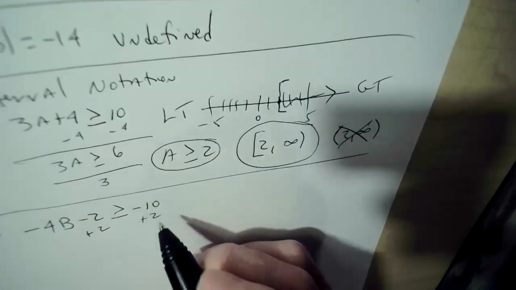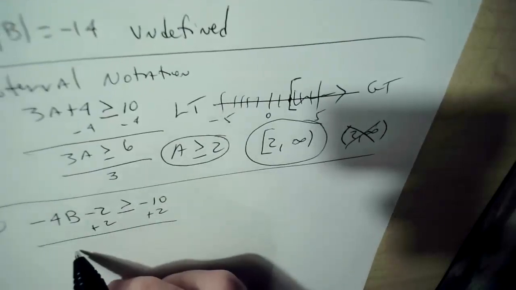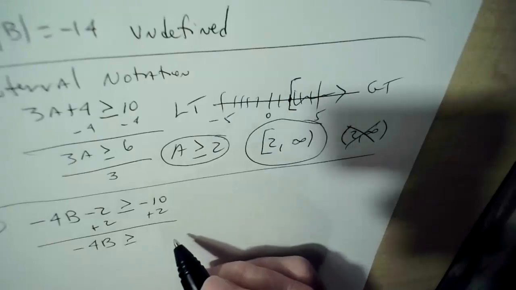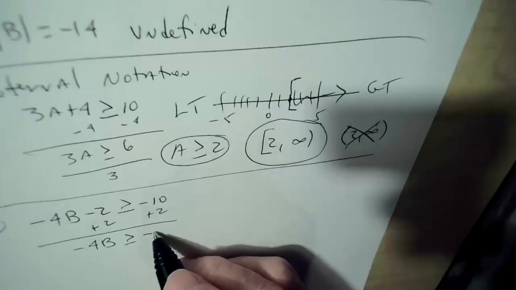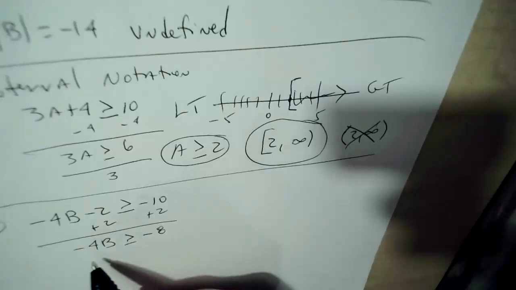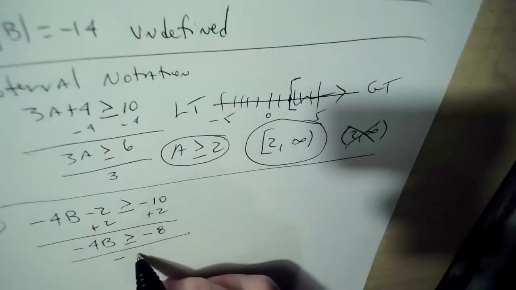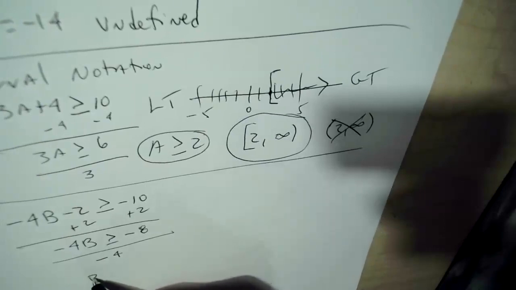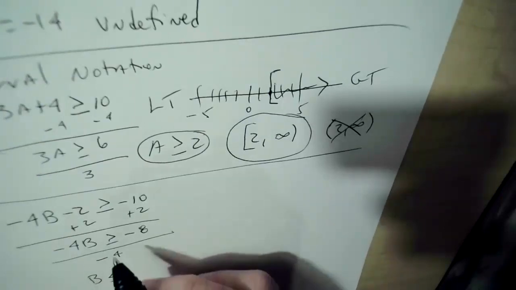So just be aware of that. First, we get rid of addition and subtraction, so we add 2 to each side. Negative 4b is greater than or equal to negative 8. And we're going to divide everything by negative 4.